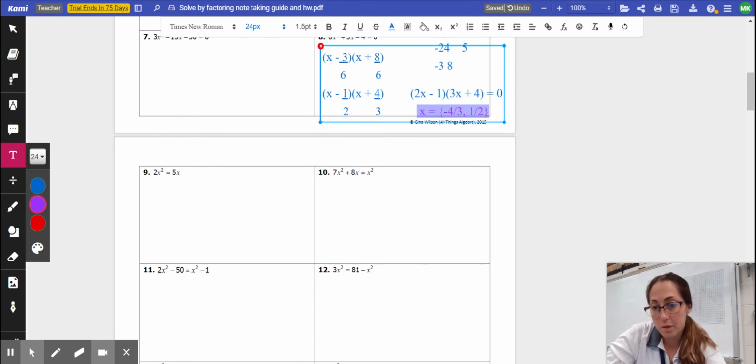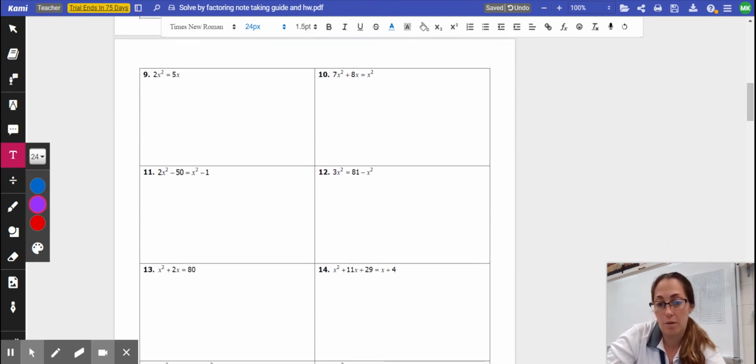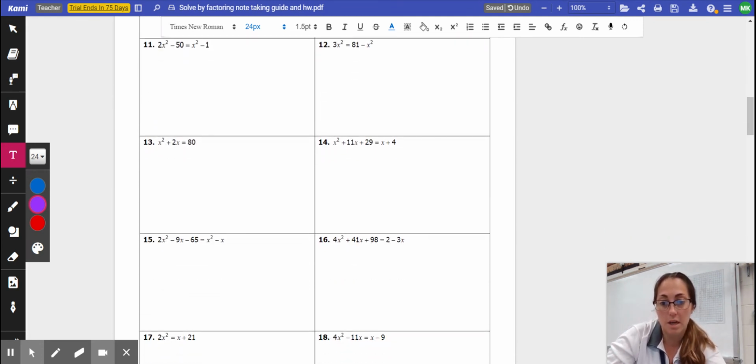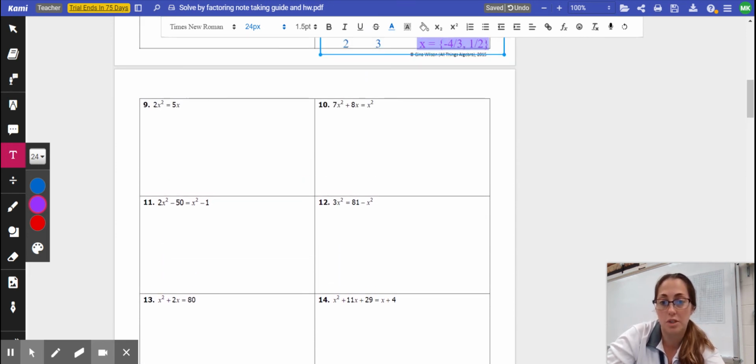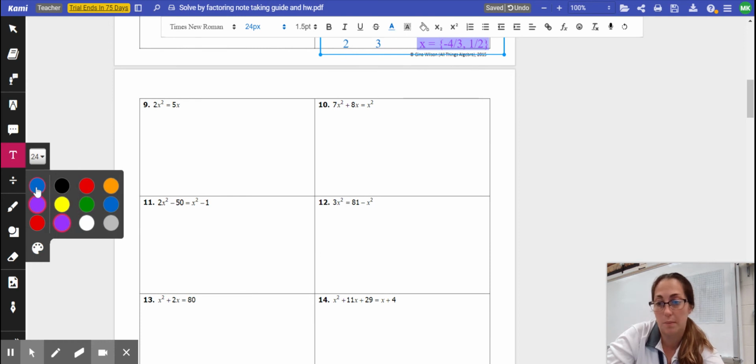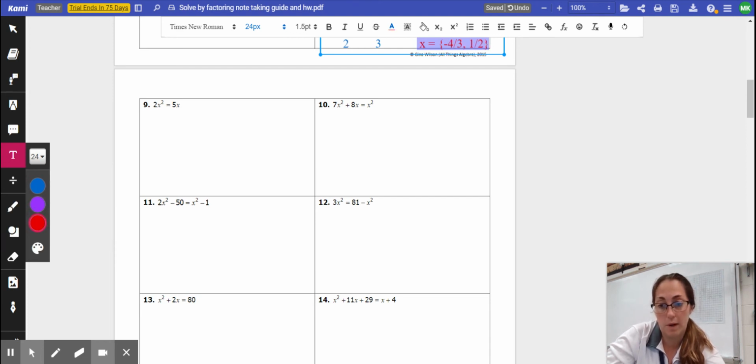So then for problems like 9, 10, all the back, all of these pages, these problems aren't equal to 0. So literally your first step is to just make them equal to 0, and then it's just what we did before. So let's jump to a problem like number 11. I'm looking at my x squareds. I have them on both sides. I want positive x squared every time. I can't stress that enough.